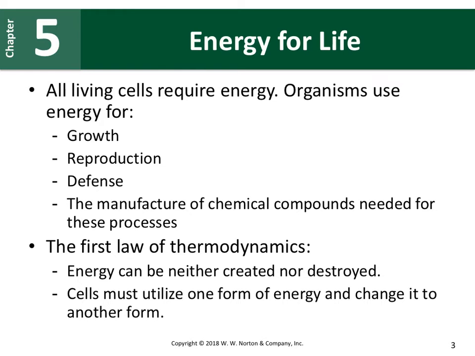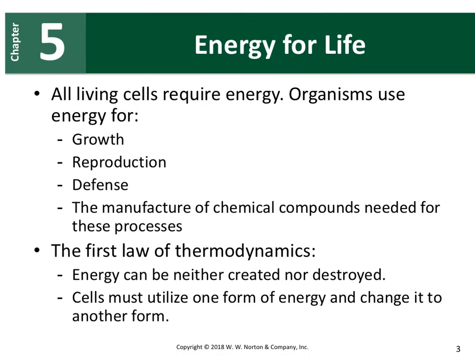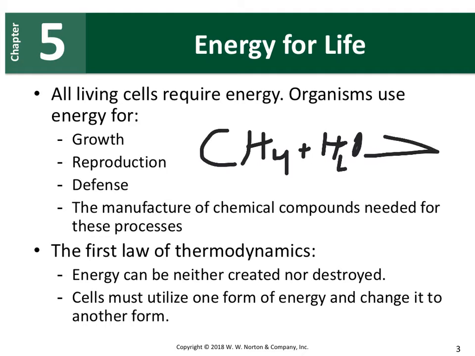So let's say we have methane on one side, CH4, plus H2O, and then you have the reaction. On the other side, you have to have the same number, so there has to be a carbon over here.